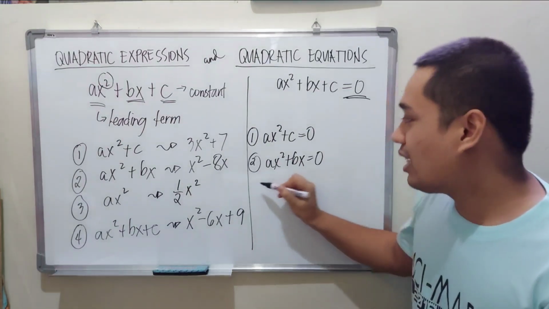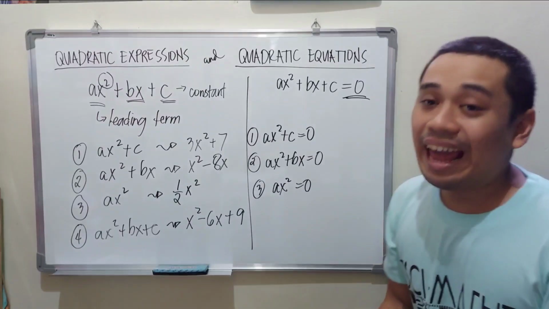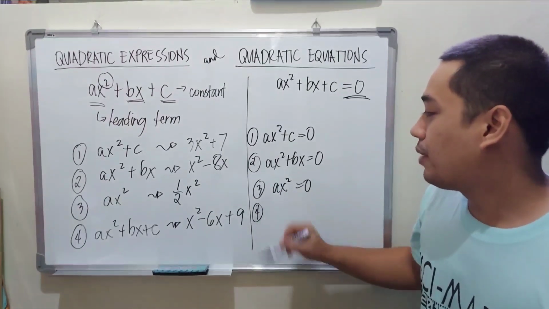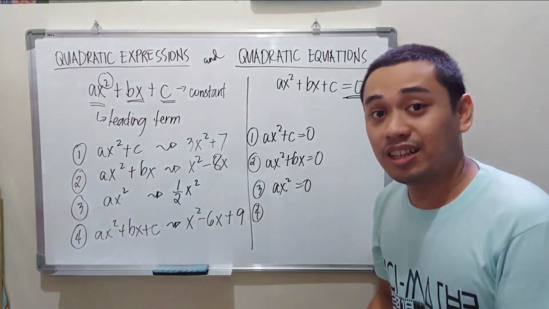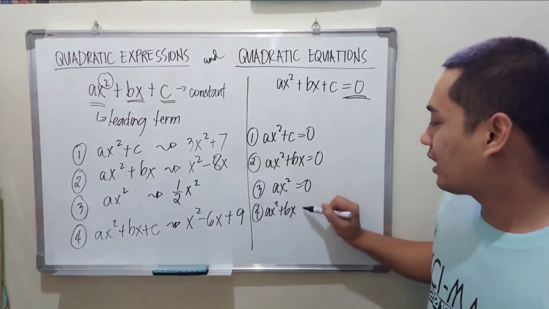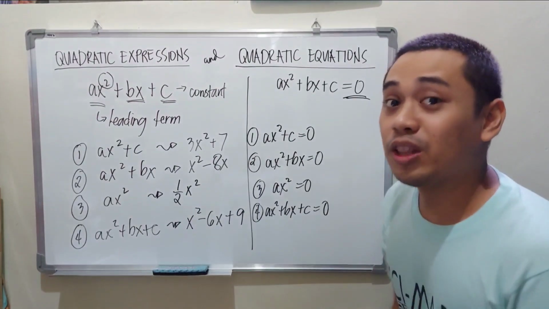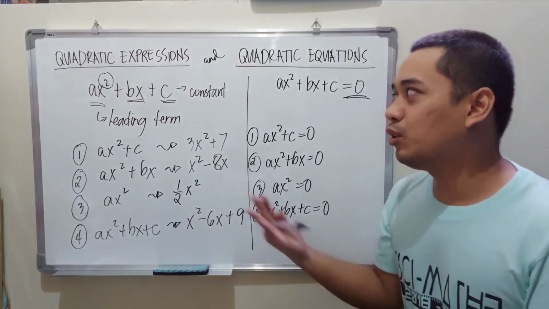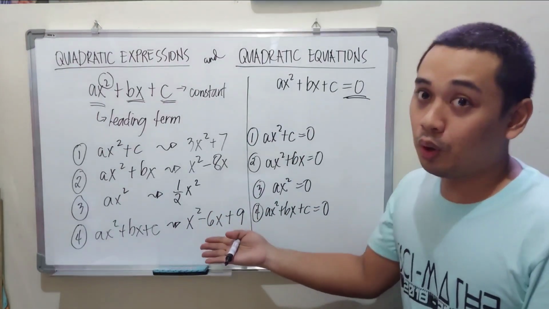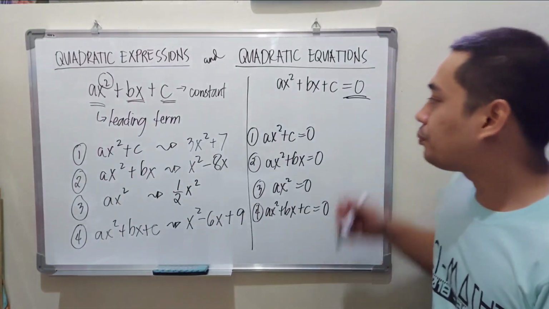For number 3, it could be ax squared equals 0. And lastly, we can have the original form of the quadratic equation, which is ax squared plus bx plus c equals 0. Setting this up into examples, we can generally use the previous examples, then just add equals 0, diba?